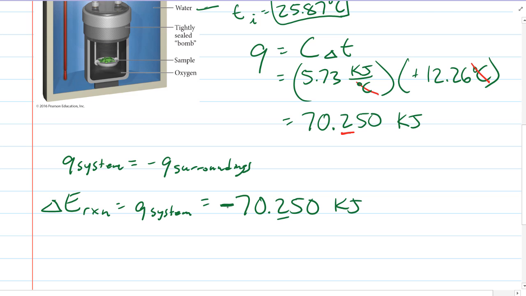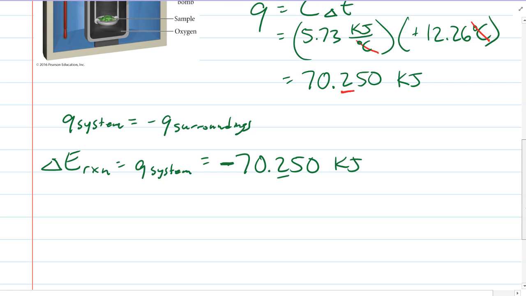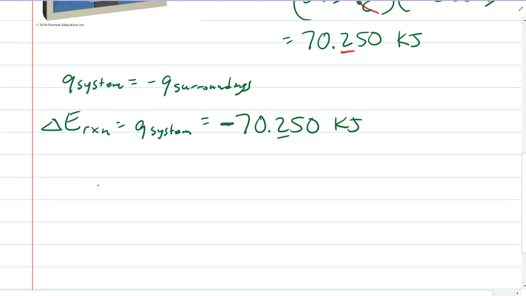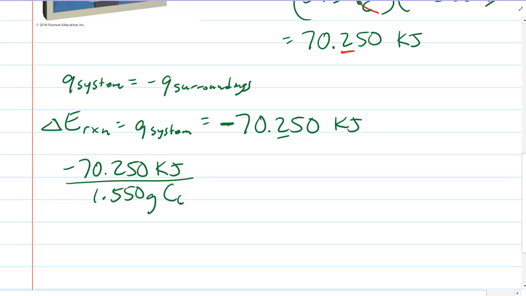So again, this sign is negative because the system and surroundings must have opposite values. Well, then we can take that negative 70.250 kilojoules, which is the amount of energy that is released for every 1.550 grams of the hexane.